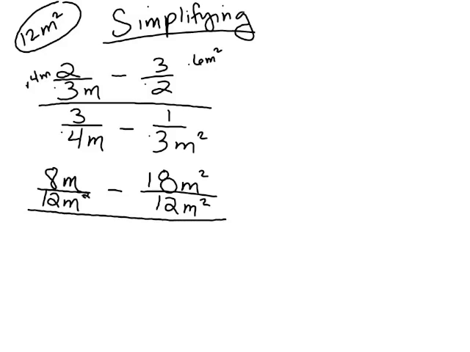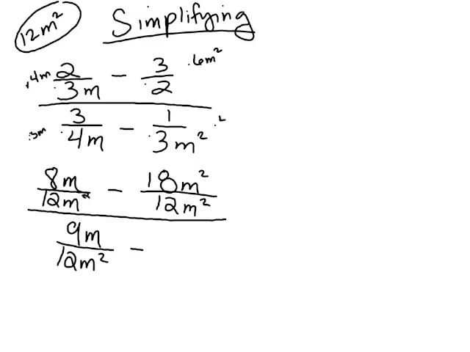Okay, so I'm good on the top, right? Okay, now down below, what do I do to a 4m to turn it into a 12m squared? Times by 3m, very good. Okay, so I'll have 9m on top over 12m squared. And then what do I do to a 3m squared to turn it into a 12m squared?